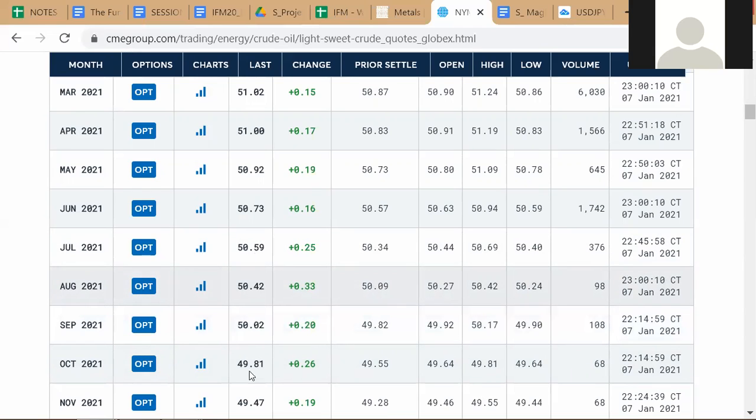This difference is going to come down, according to me. So I make a prediction that this difference is going to come down. This spread is right now the near month minus the far month, which is a better way to define the spread. You can define it any way.